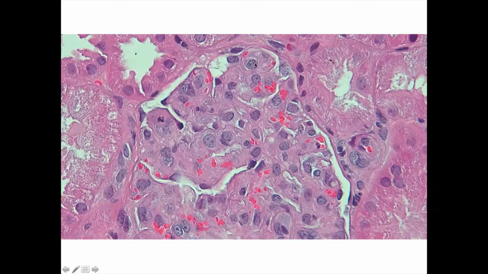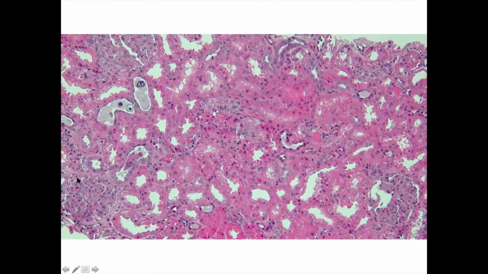The other thing, what do you think is filling the lumen? Okay, let's come here, we have lobular accentuation, right? This looks like an MPGN pattern, right?